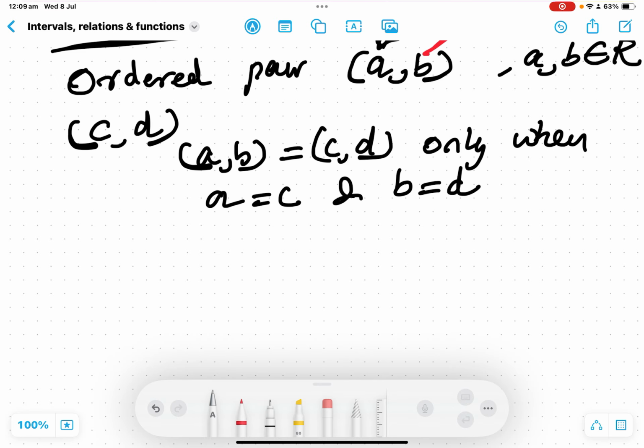If I take all the first elements of S and put them in one set, that is 1, 2, 3 and 6, and I put all the second elements in a separate set, 5, 8, this is called the domain, and this is called the range.